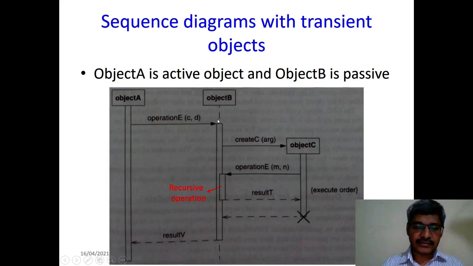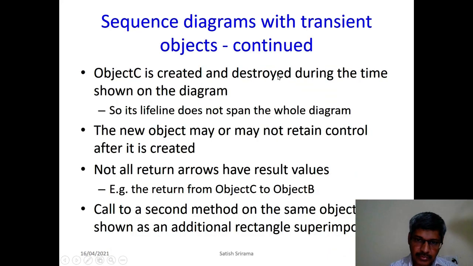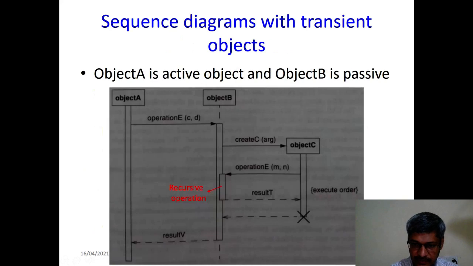So in this way we have seen passive objects becoming active and inactive, and also transient objects which get created and then destroyed in memory. To put everything together, object C is created and destroyed during the time shown on the diagram.